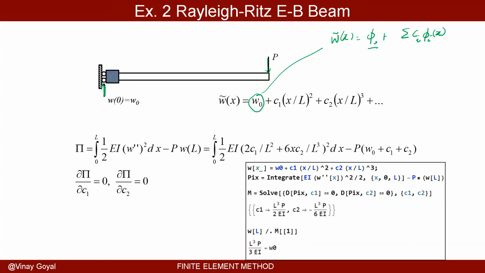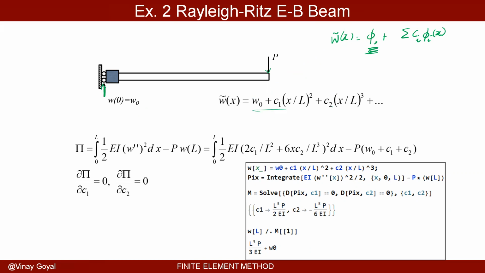That phi naught is for non-homogeneous boundary conditions, and you can see here I have one like that. So W tilde at 0 has to give me W naught, and you can see that works out. This goes to 0, this goes to 0, but this stays. And I need something there that accounts for that. So that's what the phi naught is there for, to account for those situations.